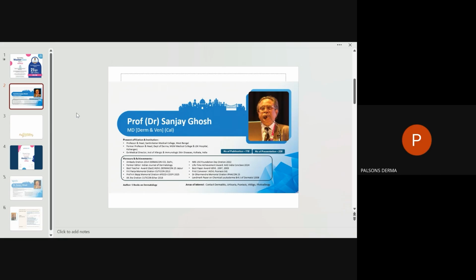Dr. Ghosh was felicitated with R.K. Pasricha Memorial Oration, A.K. Jha Oration Bihar 2018, NRS 150 Foundation Day Oration 2022, Dr. Dharmendra Memorial Oration, Professor A.K. Bajaj Memorial Oration 2025, and Best Teacher Award East IADVL Dermacon 25, Jaipur.